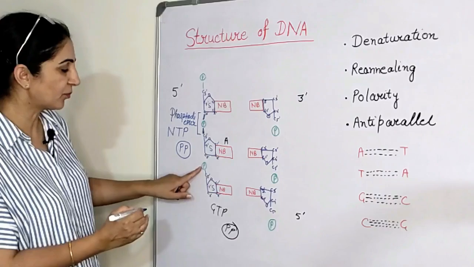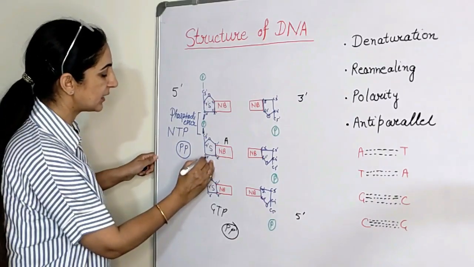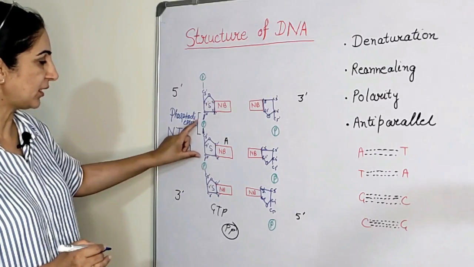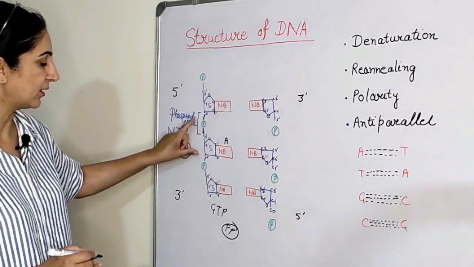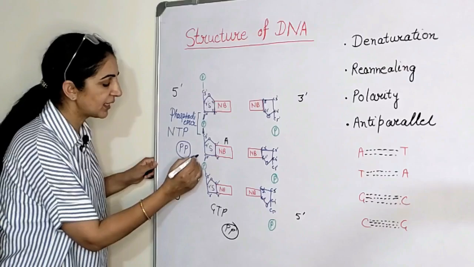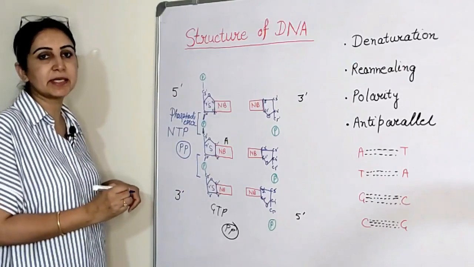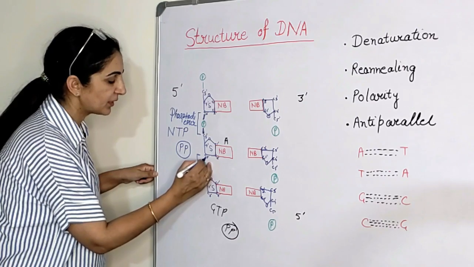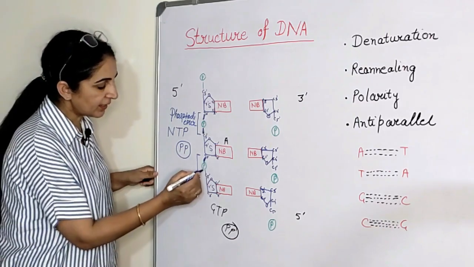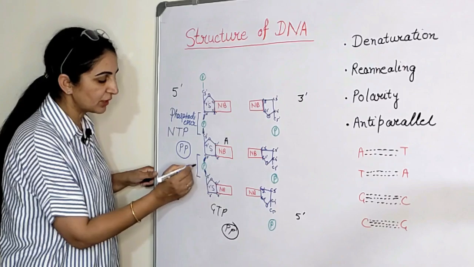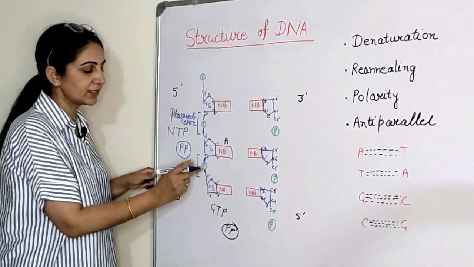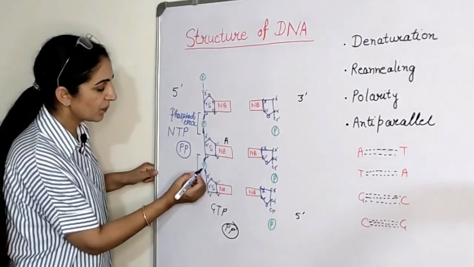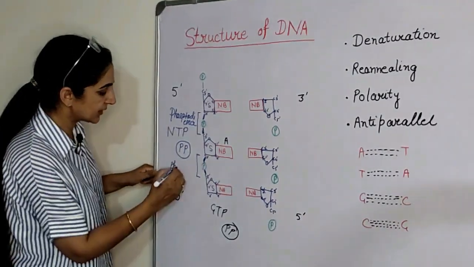This phosphate group forms one more ester linkage with the carbon number 3 of the pre-existing nucleotide. So ultimately we get the formation of two ester linkages here. This one with carbon number 3 of the pre-existing nucleotide and with the carbon number 5 of the upcoming nucleotide, that is its parent nucleotide. So we get the formation of phosphodiester linkages.